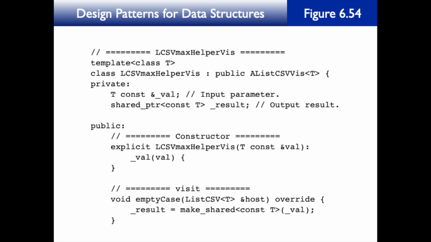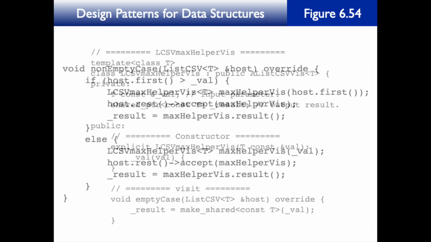And this time, our constructor requires us to initialize underscore val to val, which it gets from the parameter list, because that corresponds to a parameter. And then in the empty case, you remember that we had to return val in that case, but in this case we set our attribute underscore result to underscore val.